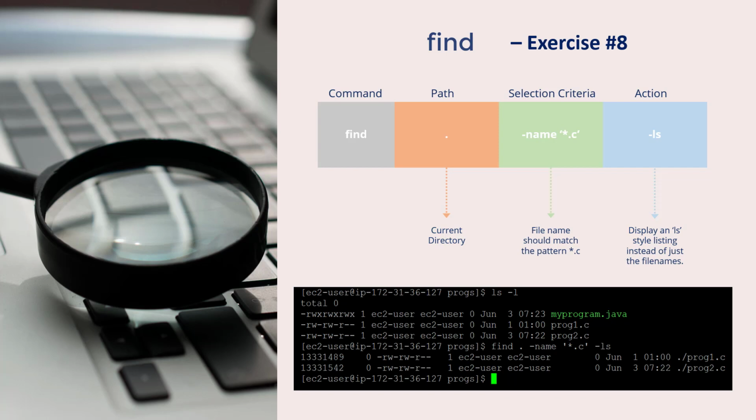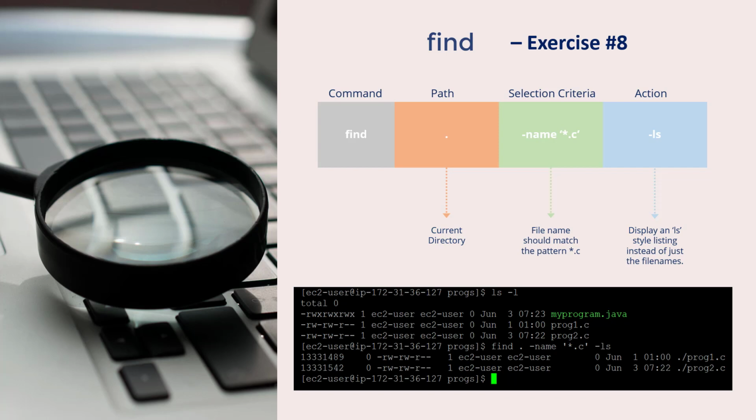Instead of simply listing down the file names, find will now do an ls style listing of the files. So now you can see the permissions string, the owner, last mod timestamp, etc., just as you would see in an ls -l output.